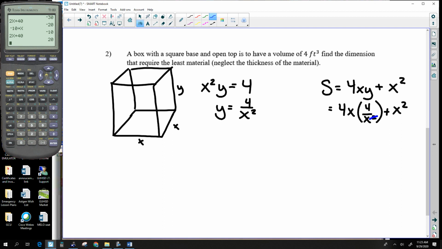So this is 16 over x plus x squared. So this is 16 plus x to the third over x.